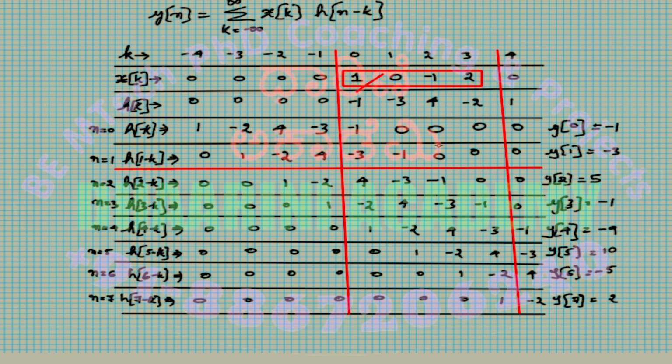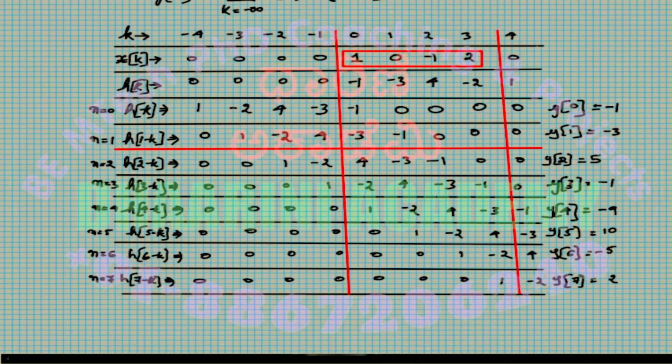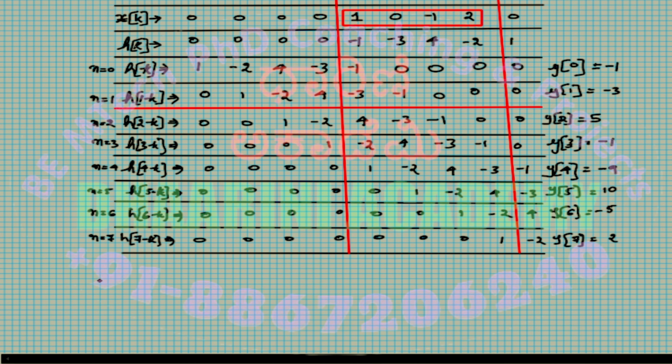And now I can write the final answer, right? What is the y? So let's write that now. So just look at this. This is how I write the answer. Therefore, the final answer, y of n equals to minus 1, minus 3, 5, minus 1, minus 9, 10, minus 5, and 2.